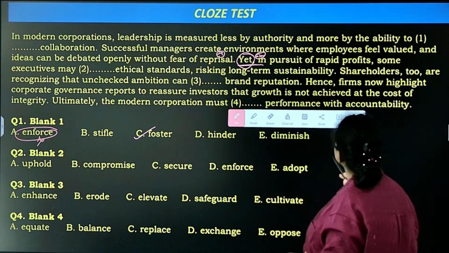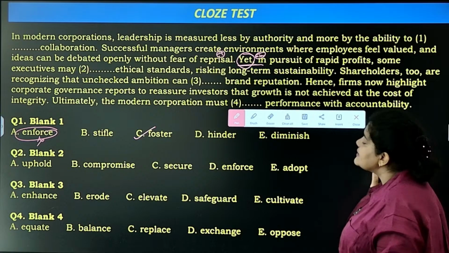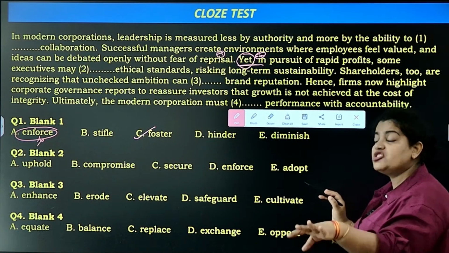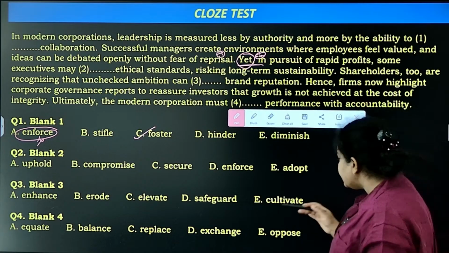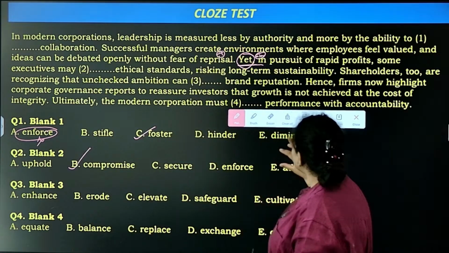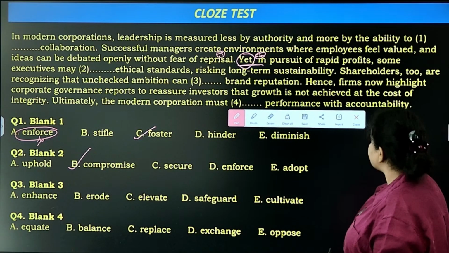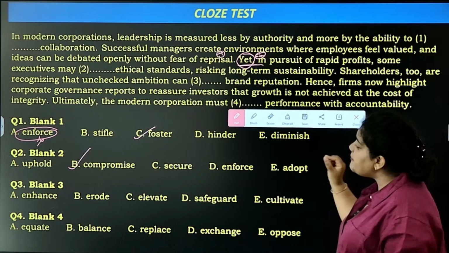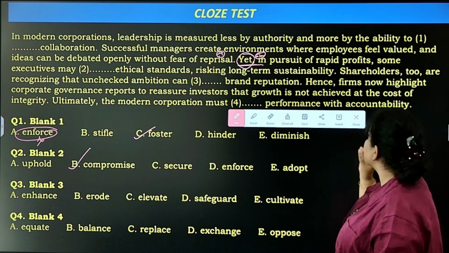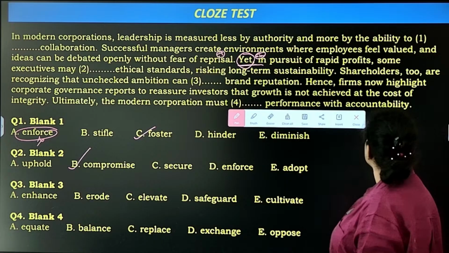Okay, yet in pursuit of rapid profits, some executives may, okay, so वो कुछ ethical standards के साथ में कुछ negative कर रहे होंगे, and the negative word here is compromise. Okay, so yet in pursuit of some rapid profits, some executives may compromise ethical standards, risking long-term sustainability.